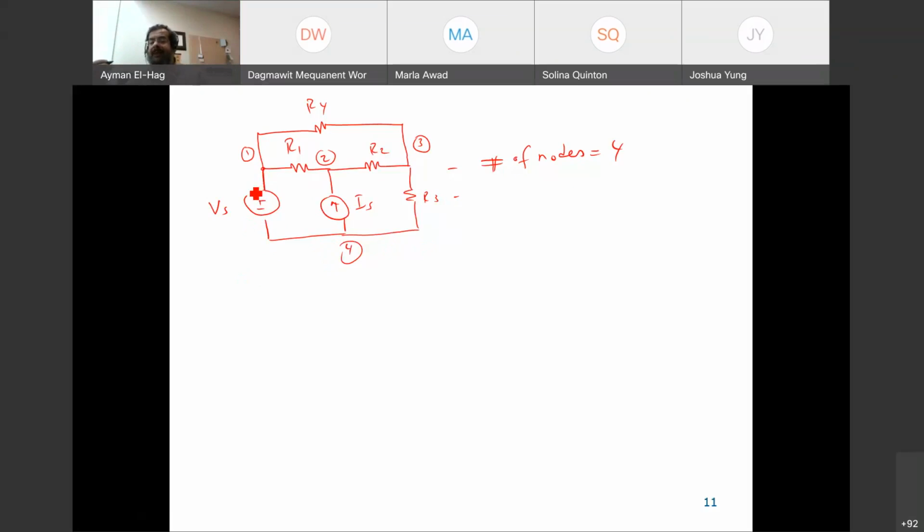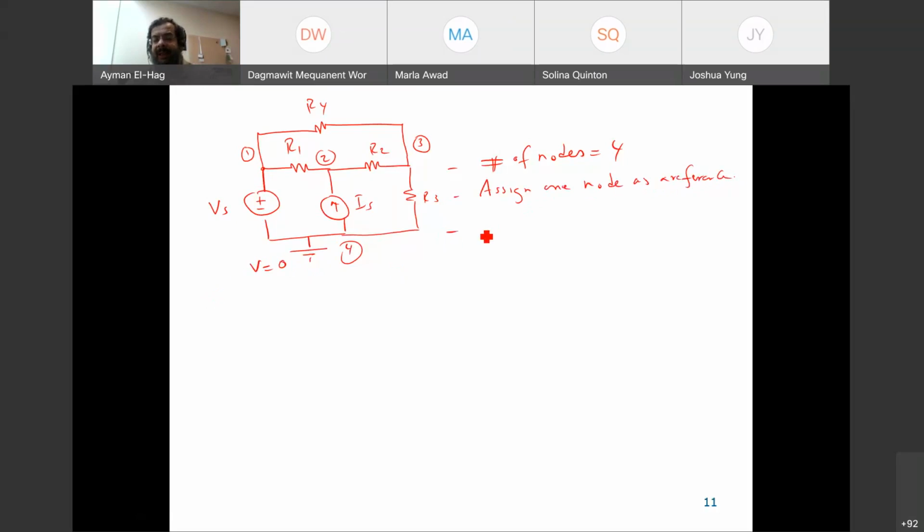So this will eliminate equations. Assign one node as a reference. So this will be our node here, and this is the symbol of a ground. Here the voltage is known and it's equal to 0. V is equal to 0.